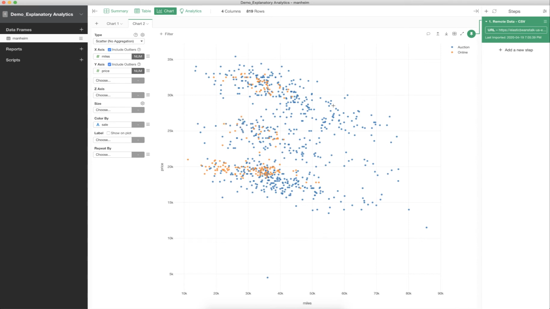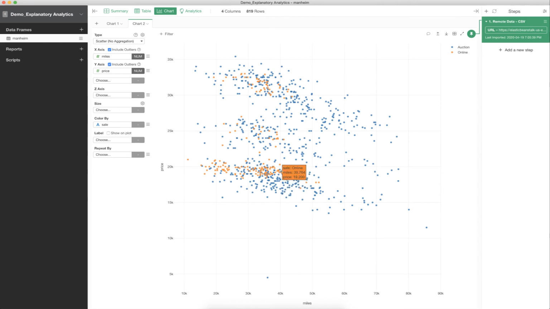We see that the orange dots, being when cars were sold online, tend to be for low mileage cars. And low mileage being lower than around 40,000 miles.